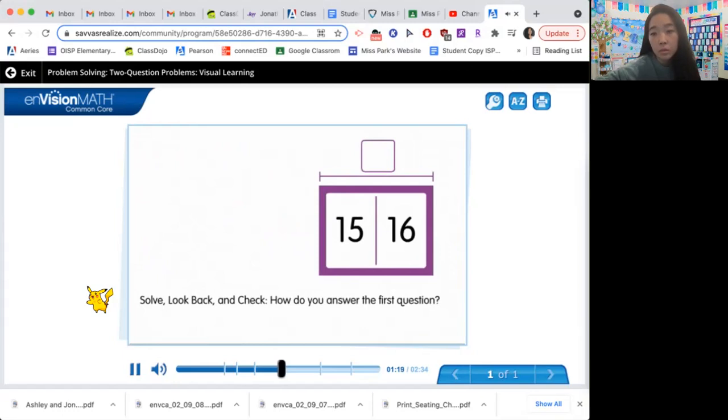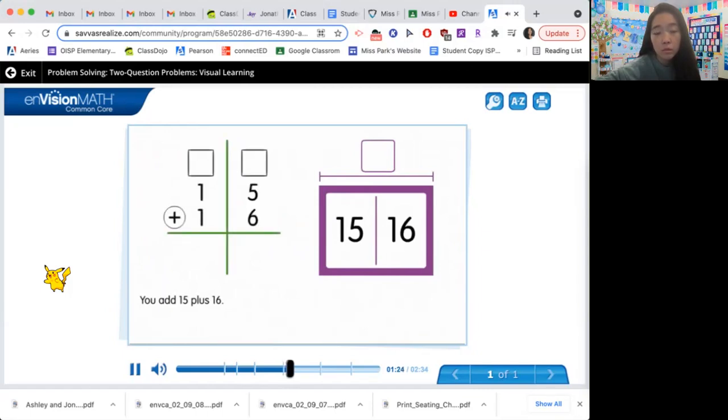How do you answer the first question? You add 15 plus 16. The answer is 31. You needed to regroup when you added. How many birds does Mia see in all? Mia sees 31 birds in all.